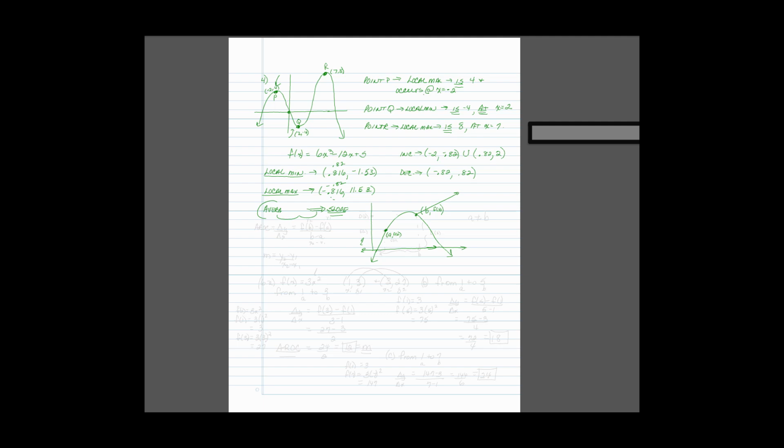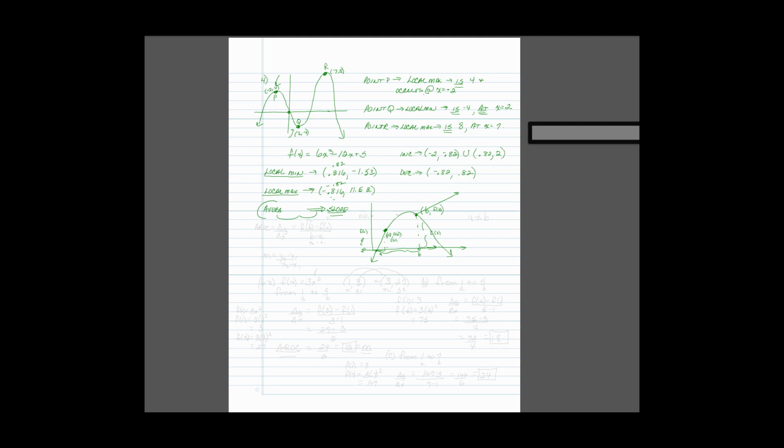So we know that this point right here, to get there, I went over a distance of a, and then I went up a distance of f of a. So over here, I can call that f of a. For this point, I went over a distance of b, and then I went up a distance of f of b.